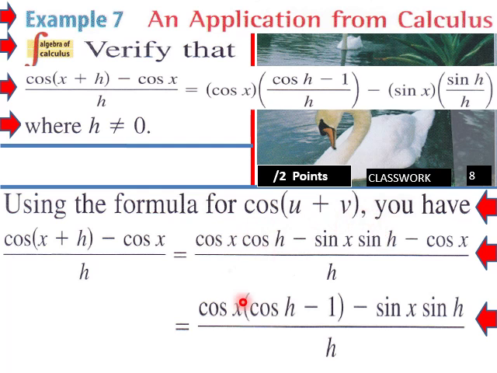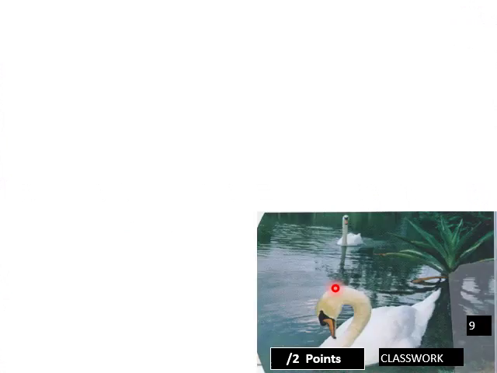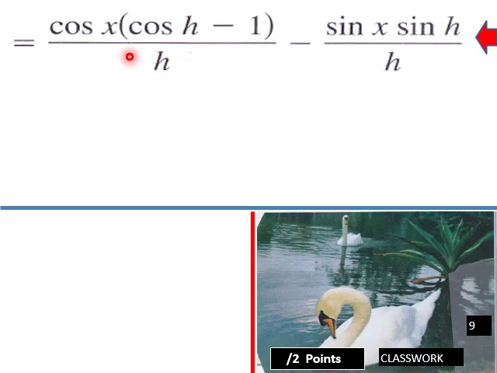When we combine like terms, we end up with cosine x times cosine h minus 1, minus sine x sine h, over h. Once we factor these out, we've further simplified this: cosine x times cosine h minus 1 over h, minus sine x times sine h over h.